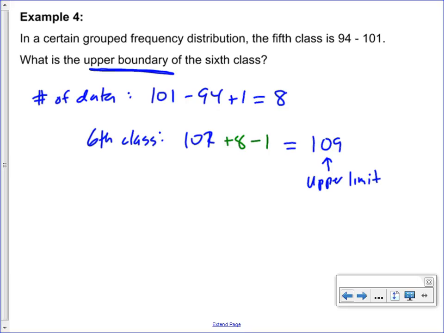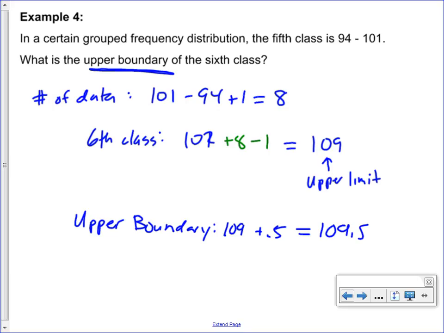That's the upper limit of the 6th class, so what would the upper boundary be? It's 109 plus 0.5, which is 109.5.